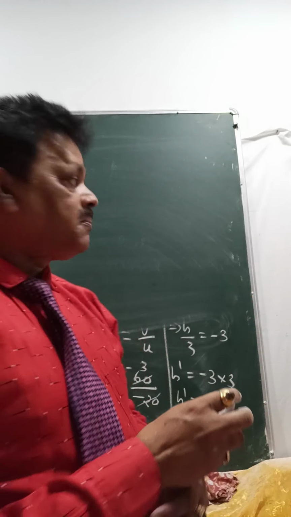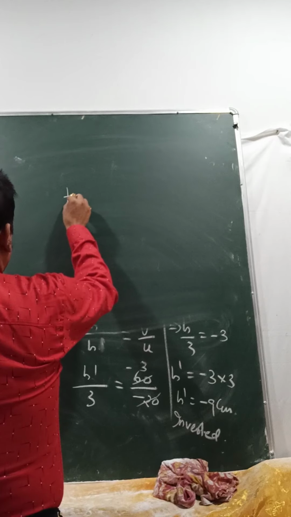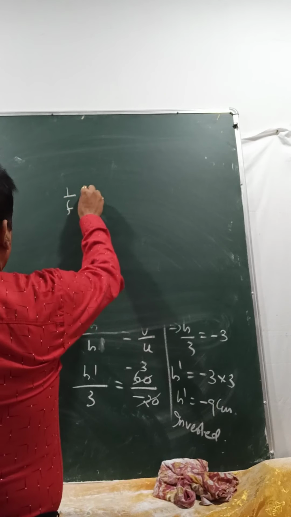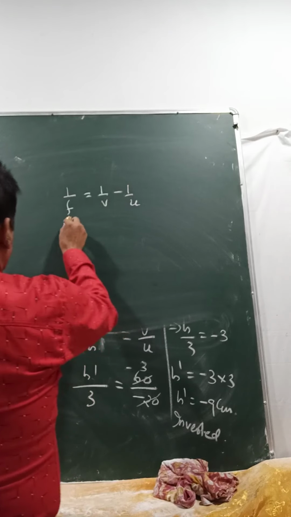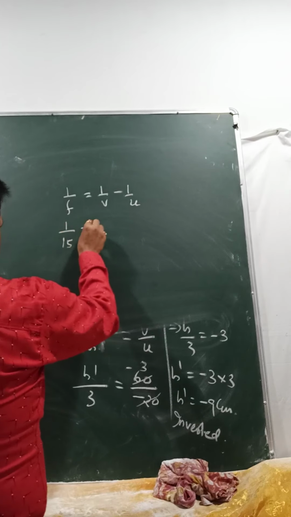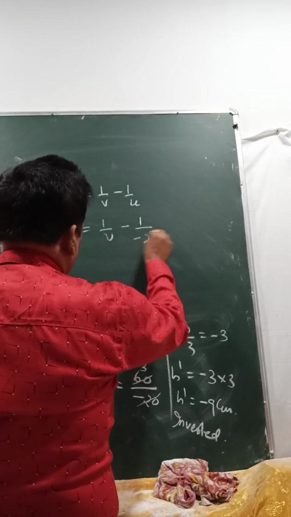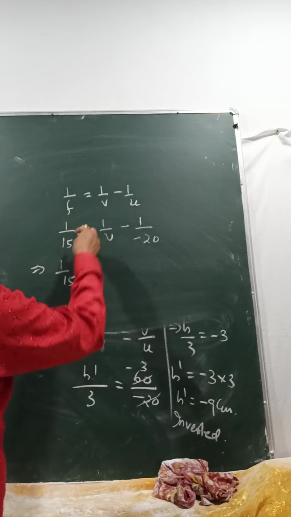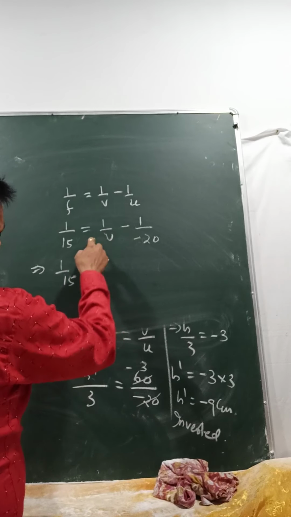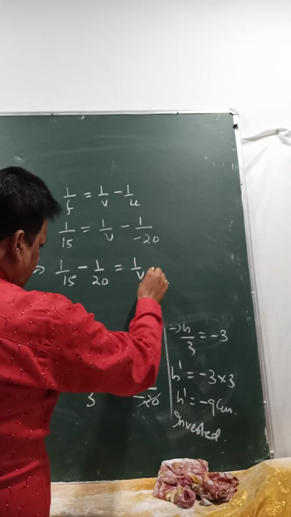Let's complete that problem. It was 1 by f equals 1 by v minus 1 by u. So 1 by 15 equals 1 by v minus 1 by minus 20. That gives you 1 by 15. This will come this side, minus and plus, again minus 1 by 20 equals 1 by v.